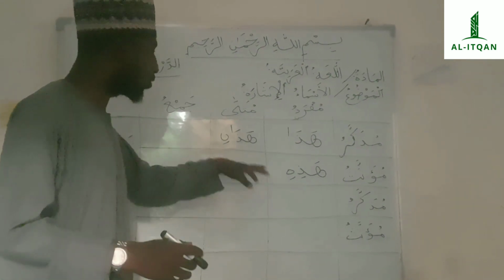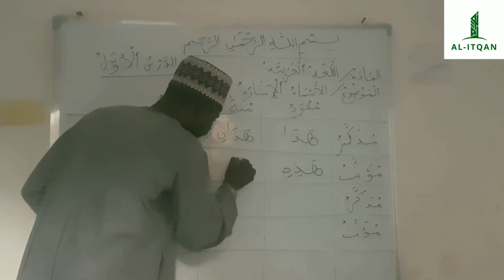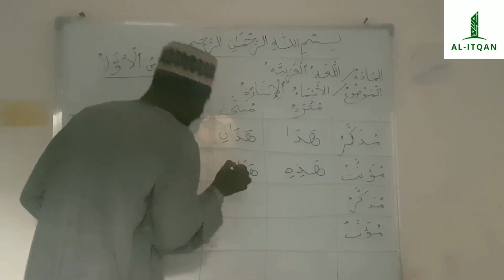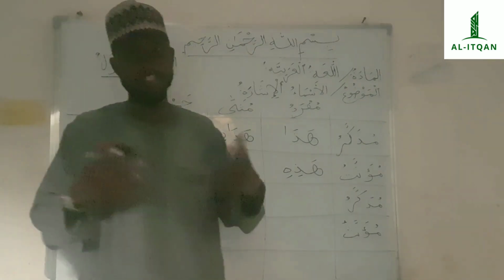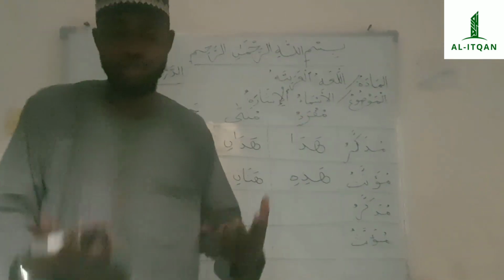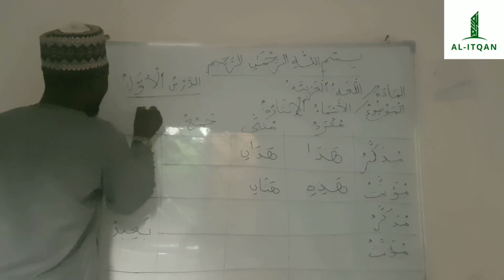But when it comes to mu'annath, you say hatani. Hatani kitabani. Hatani, therefore feminine. For example, you have mil'aqatun, which is spoon.